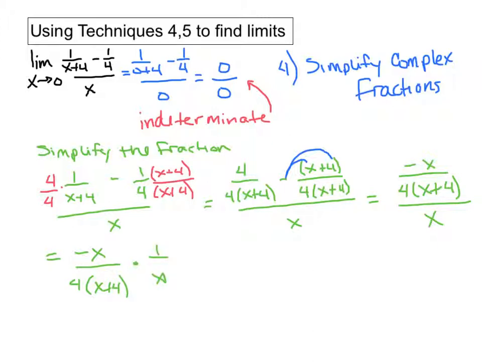Now this is the same thing as this, just written differently. So these will cancel out, and I'm left with negative 1 over 4 times x plus 4.